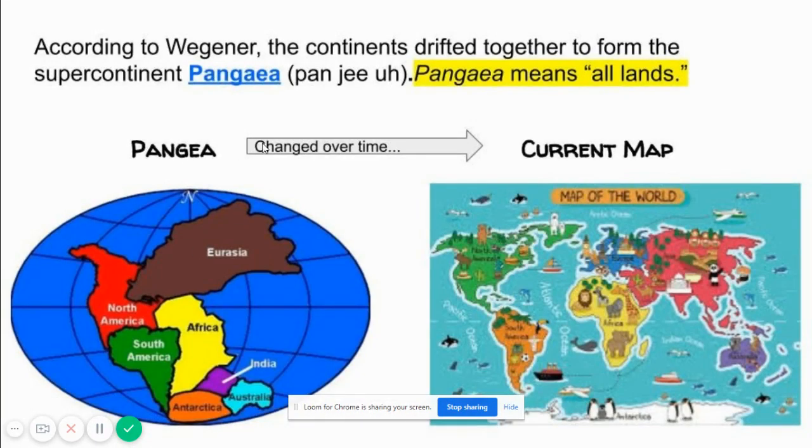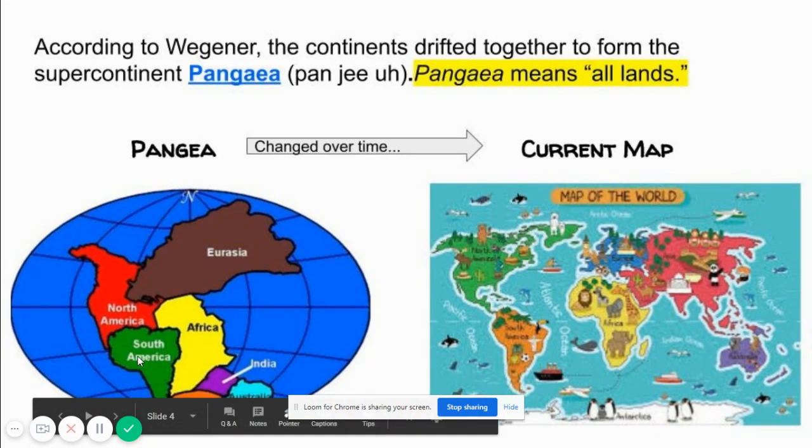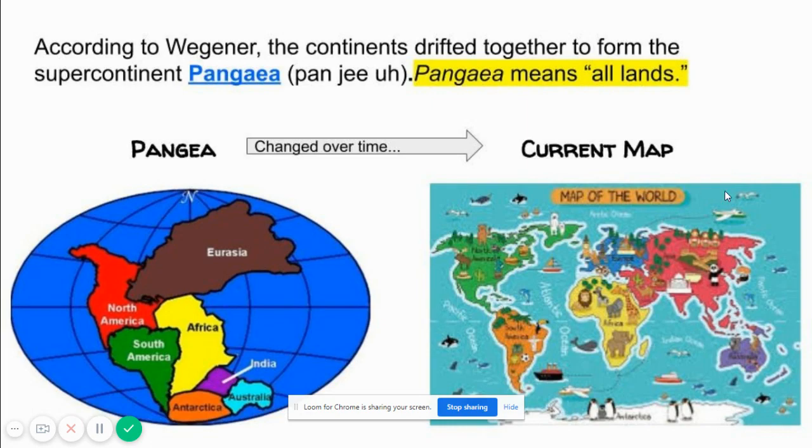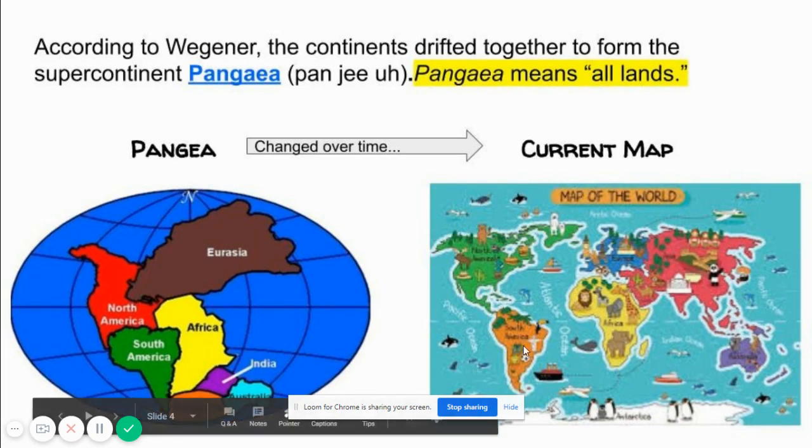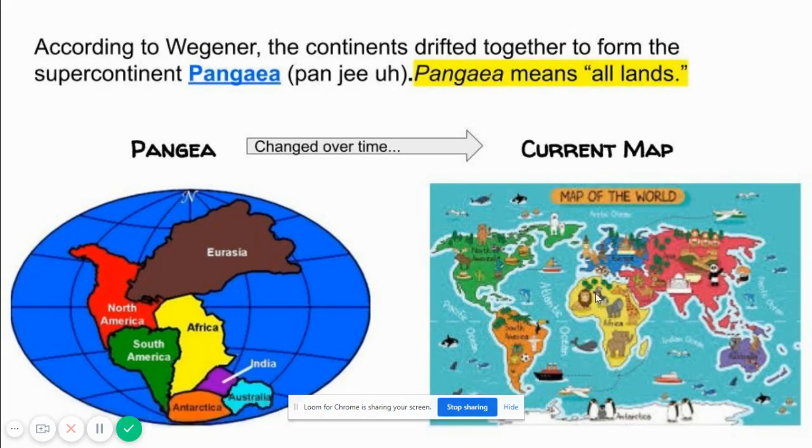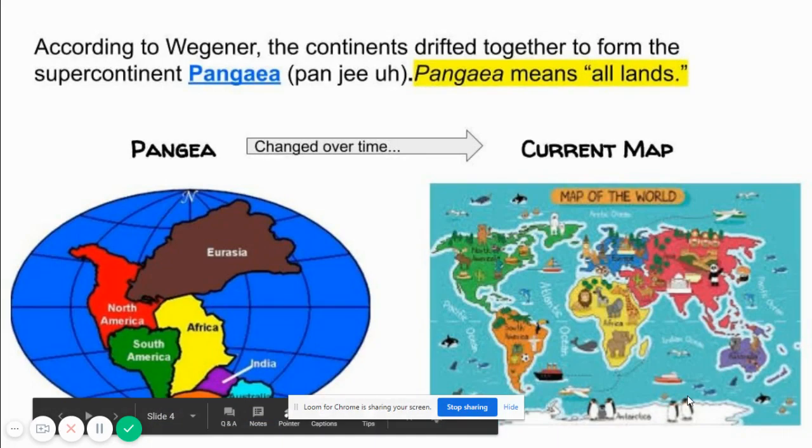And the belief is that maybe over time, South America drifted apart from Africa, Africa drifted up, North America drifted apart, Australia drifted down. Now we have a map of the world that looks like this. South America, North America, apart from Africa, Europe, Asia, Australia, Antarctica's down here. But maybe they were all together. They do kind of look like puzzle pieces that could fit together in a weird sense.